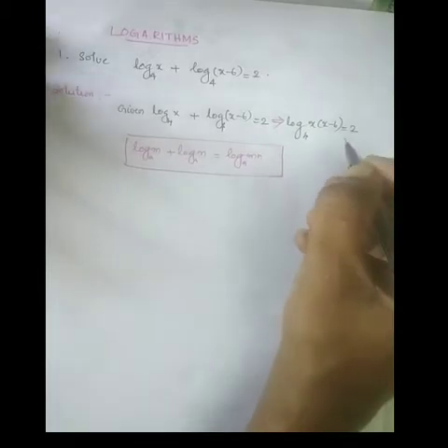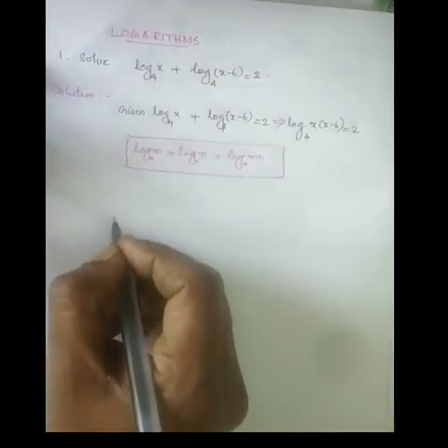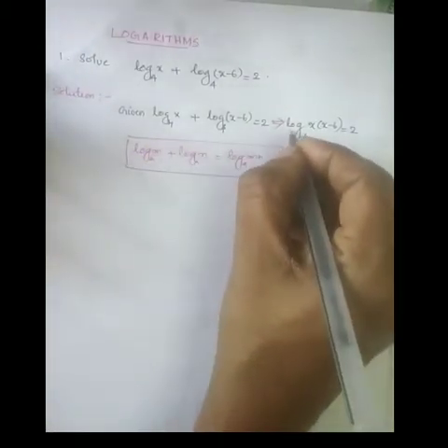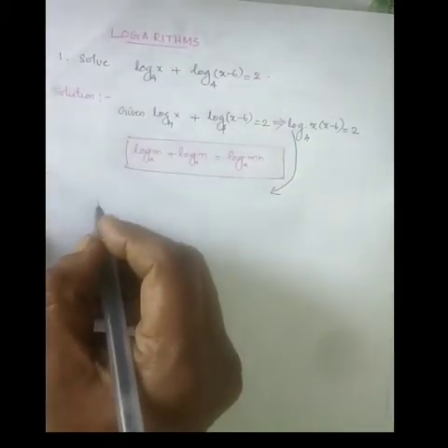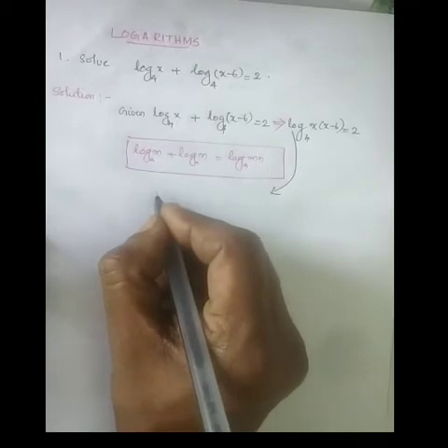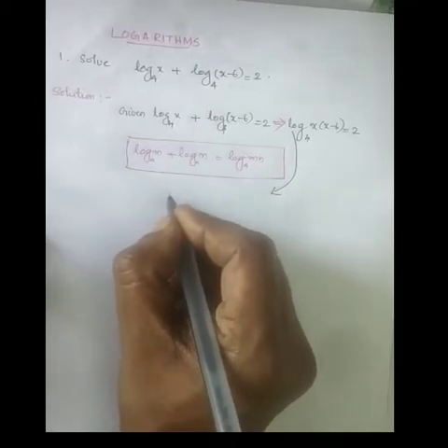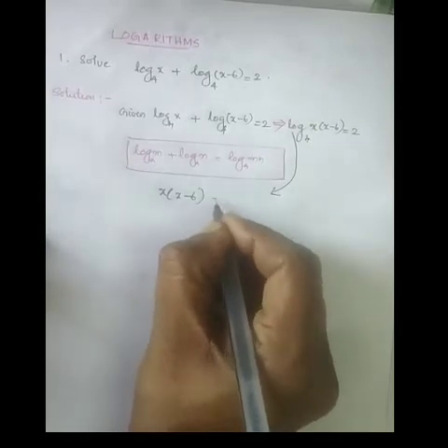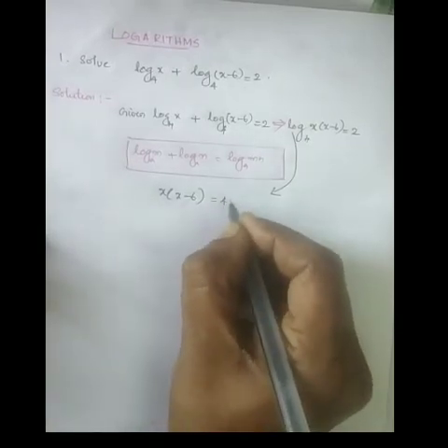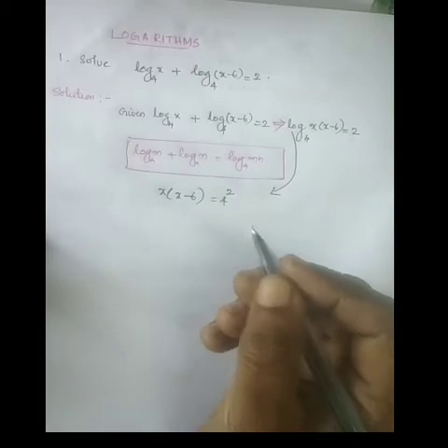That is, this can be written as x into (x minus 6) equal to what? 4 square. Isn't it?